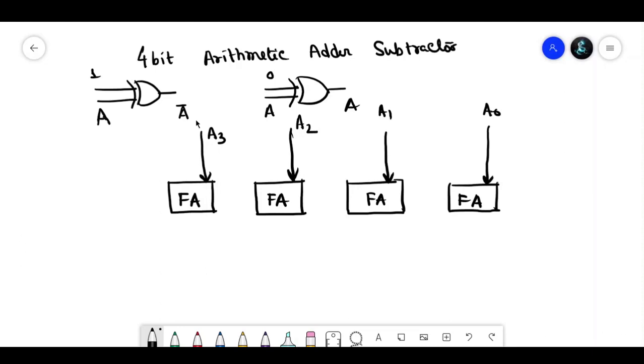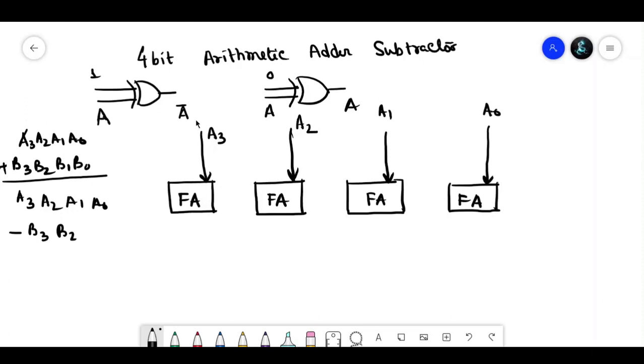So we will add A3, A2, A1, A0 with B3, B2, B1, B0 in case of addition, or A3, A2, A1, A0 subtract B3, B2, B1, B0. So while addition we will use the XOR as 0 is one input and another input is the B input. So here actually this is the B input for the XOR gate.